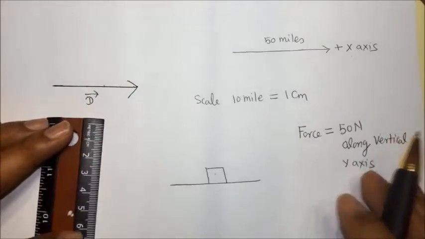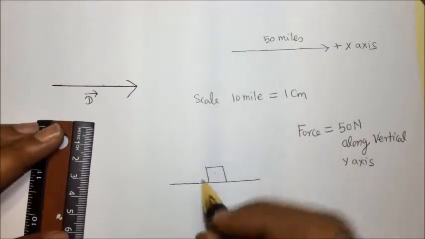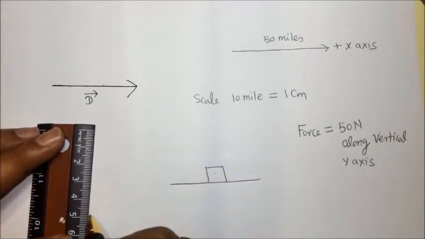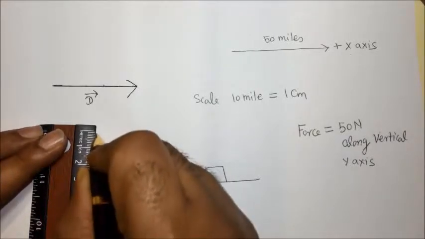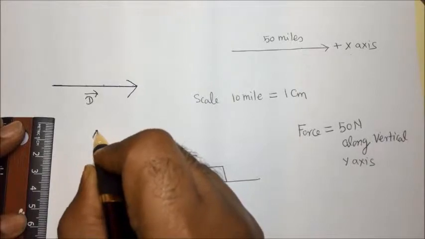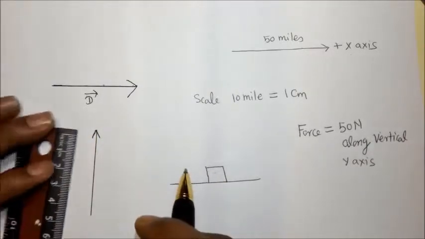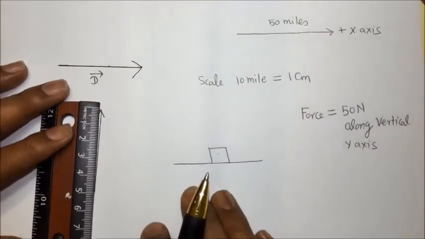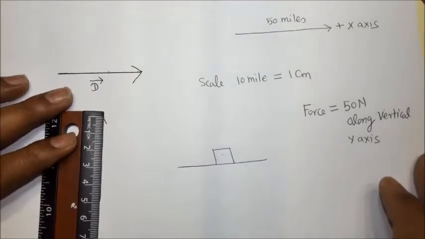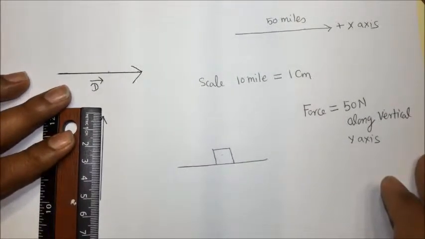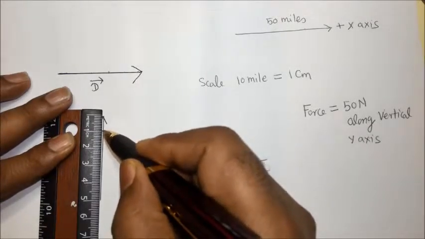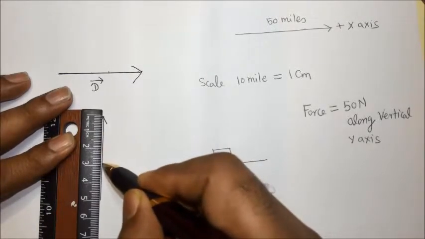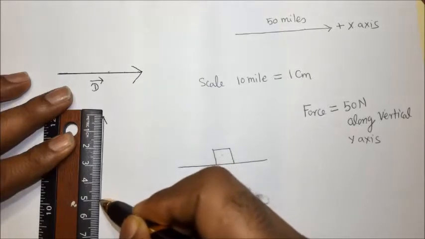Okay, so you can represent this vector like this. This is 5 centimeters: 10 Newton, 20 Newton, 30 Newton, 40 Newton, 50 Newton.